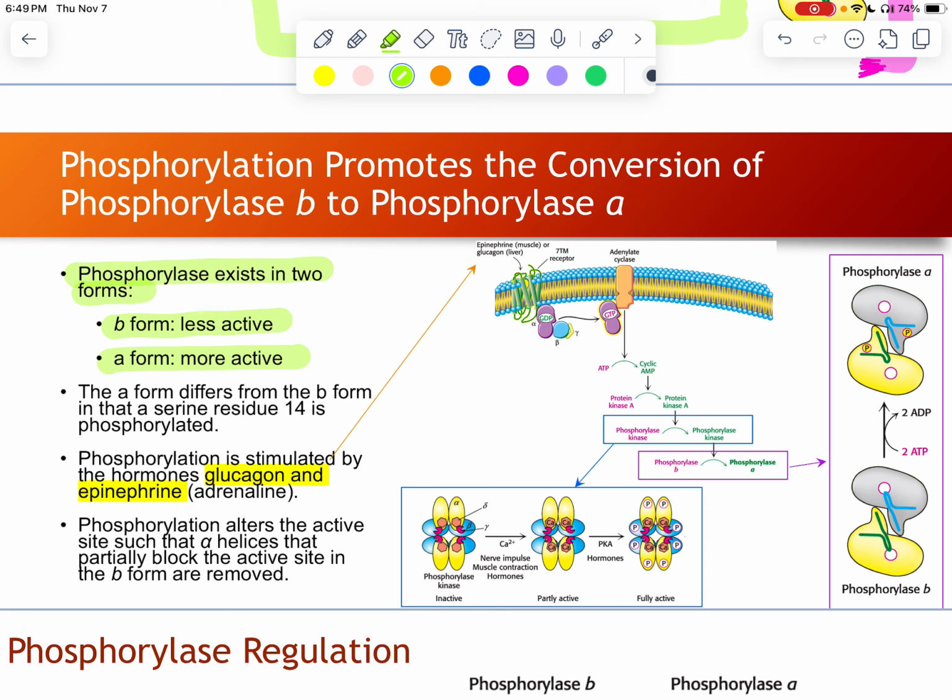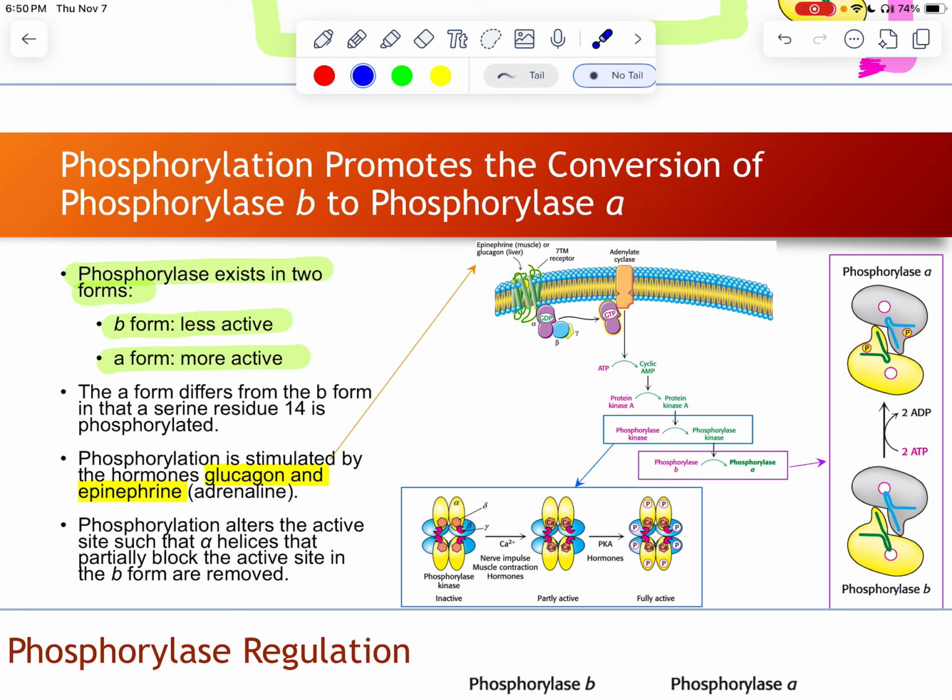If you come over here and you picture this circular area as the active site of our enzyme, and you picture these as regulatory areas, sections that can shift depending on the various interactions that we're seeing.